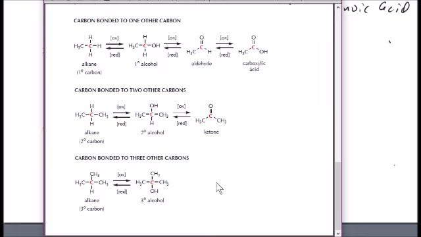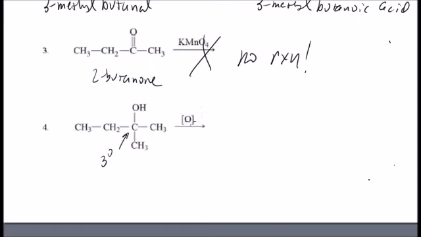We can't oxidize any further. So again, no reaction. Hopefully that lets you see how you need to look at that cheat sheet we gave you to help you understand what reactions these undergo, if they undergo any reactions, and what the products will be.